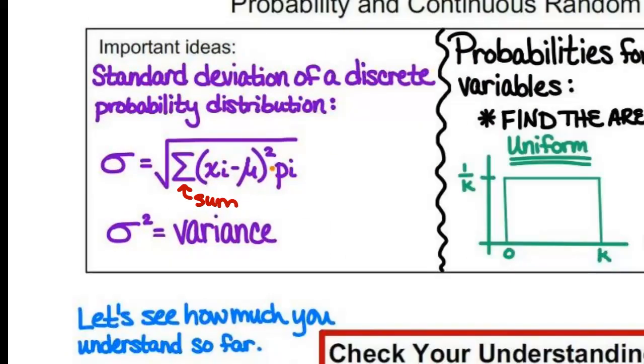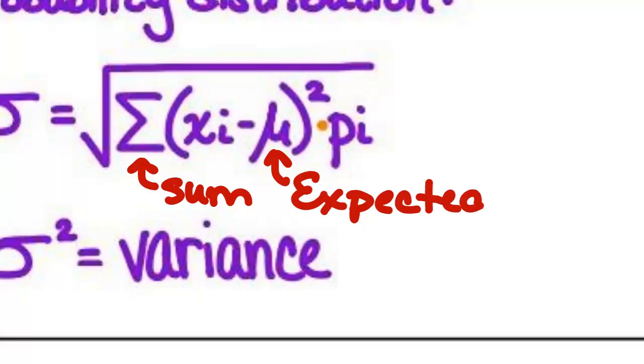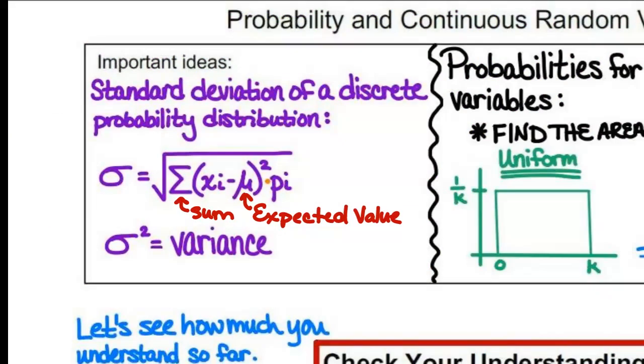We do each of the possible values for our random variable minus the mean. This is my expected value. Multiplied by the probability that goes with that possible outcome for our random variable.